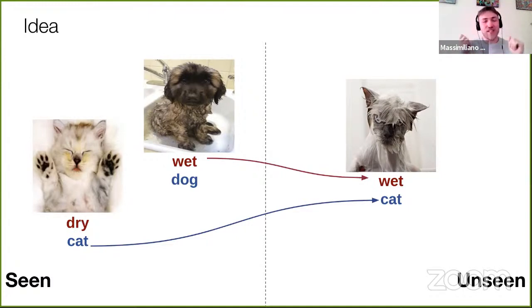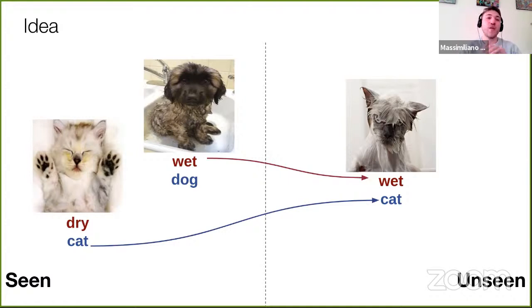This is treated in an intrinsic, or implicit, way by most of the works, in the sense that we hope the transformations or the projections that we obtain in this shared image and compositional space already model this.